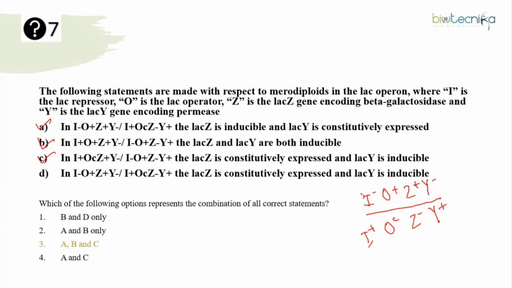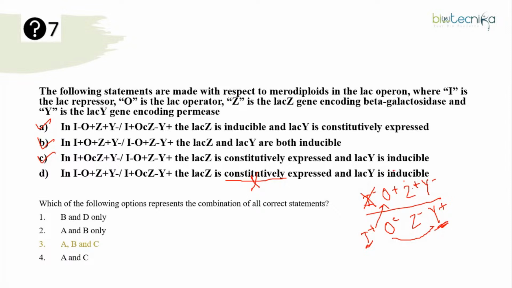So again, this is non-functional. This I will be able to control this operator. Under this operator, you have Z, so therefore this one will be inducible. But here they have written it is constitutively expressed. This is wrong. Z here will be inducible. Y will be constitutively expressed because Y is under OC.